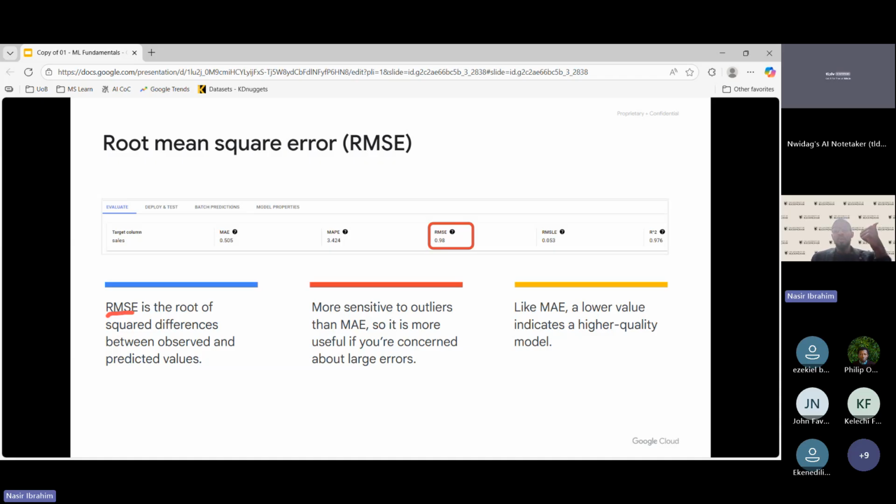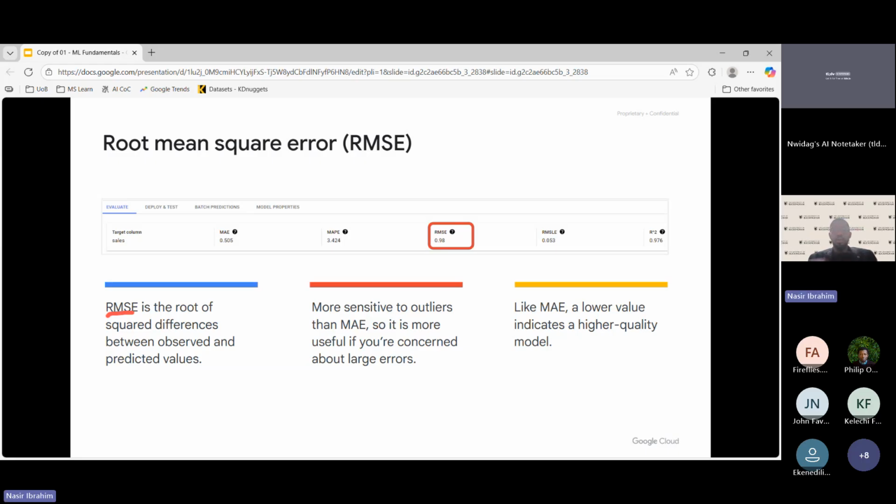That will give you an idea of how your model is performing. The smaller this value is, the better your model is performing, because this is computing the error.